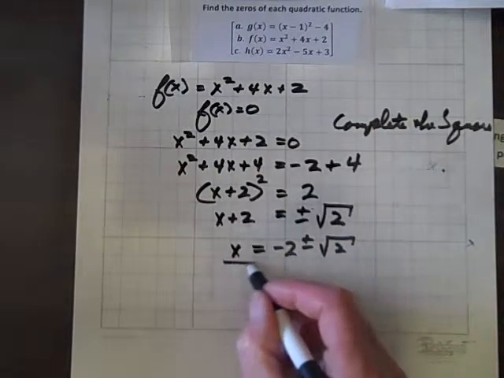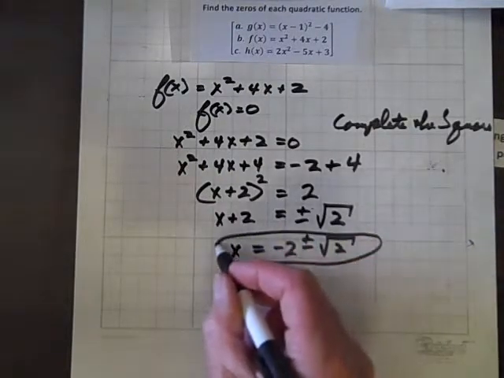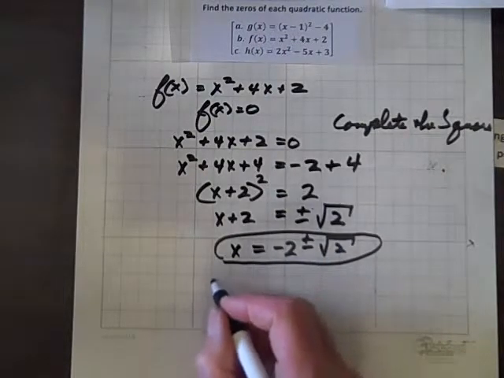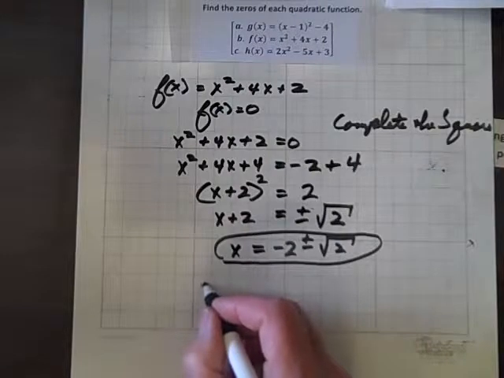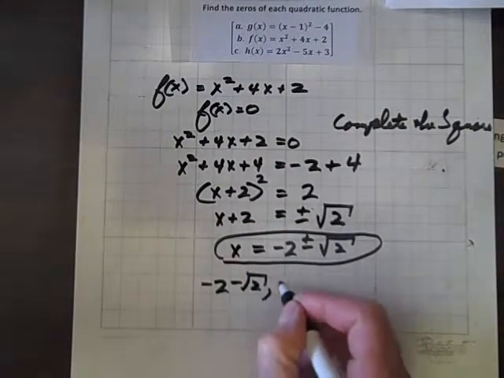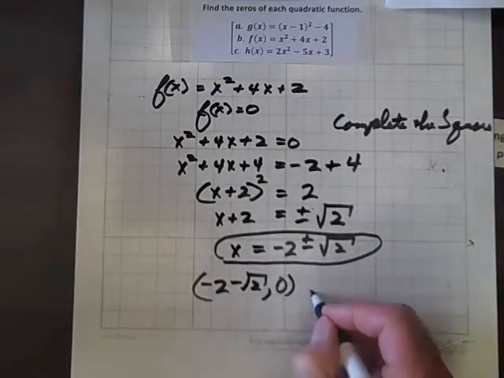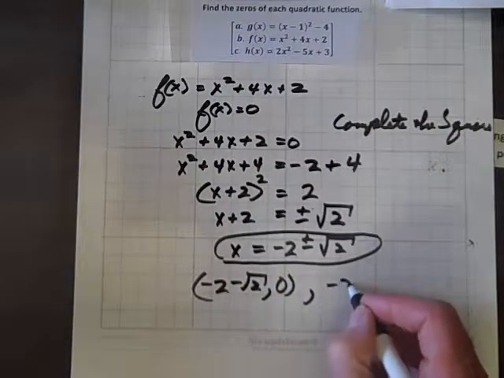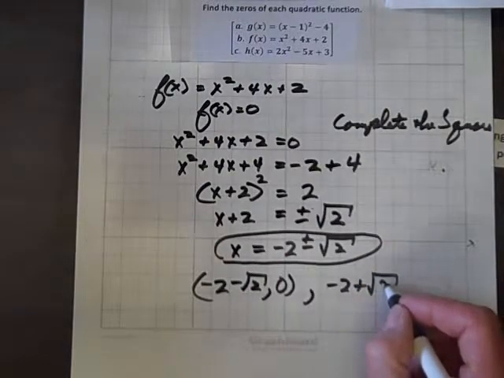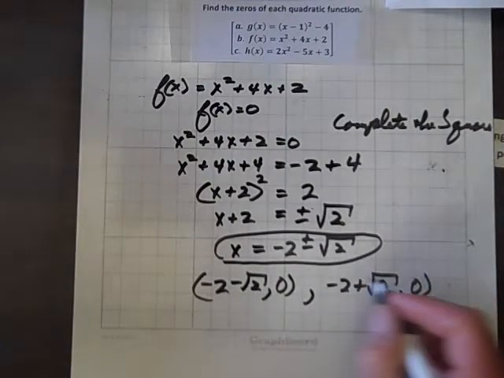So the zeros occur at x equals negative 2 plus or minus root 2, and those corresponding points would be (negative 2 minus root 2, 0) and (negative 2 plus root 2, 0).